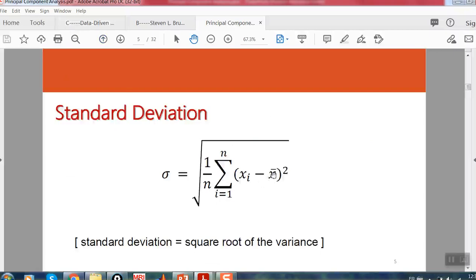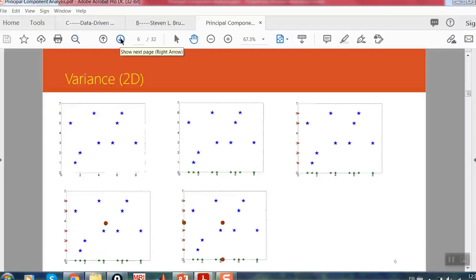Using this, along the x direction we calculate the mean, then calculate this distance, calculate the summation of these distances divided by n, and then the square of this. And we repeat this measurement along the y direction.